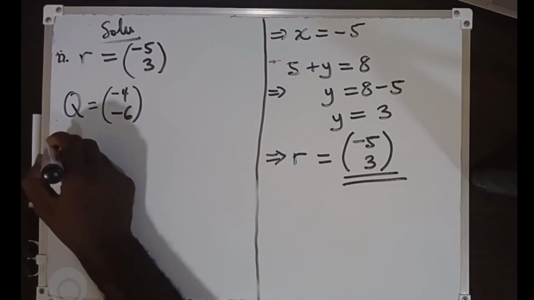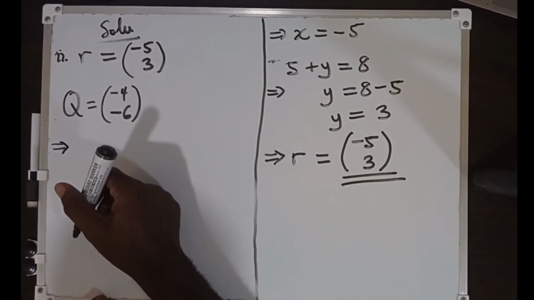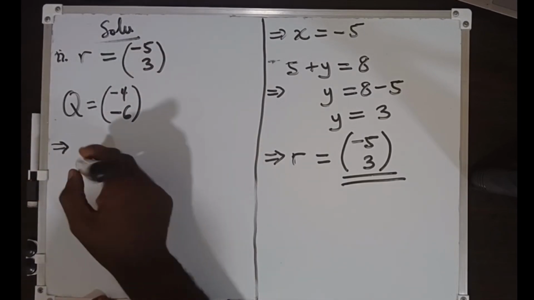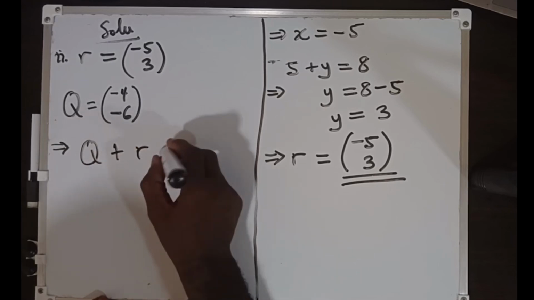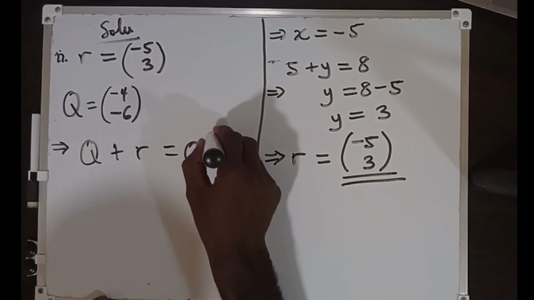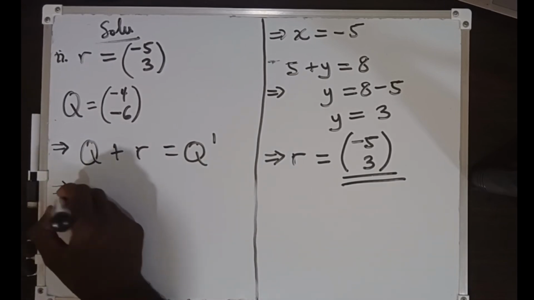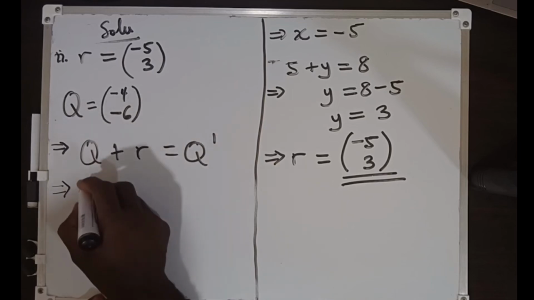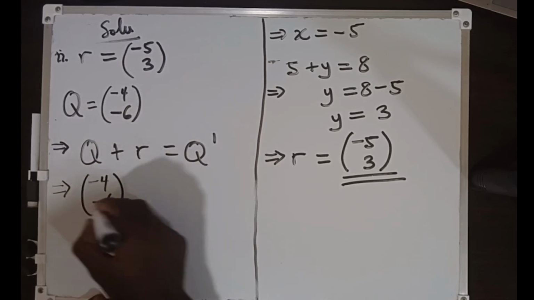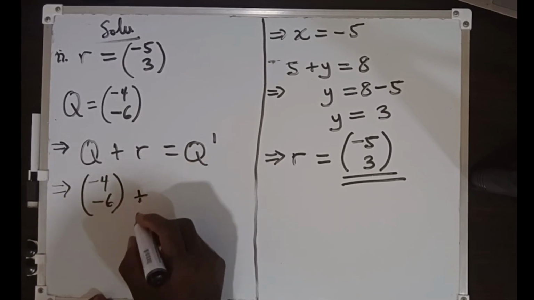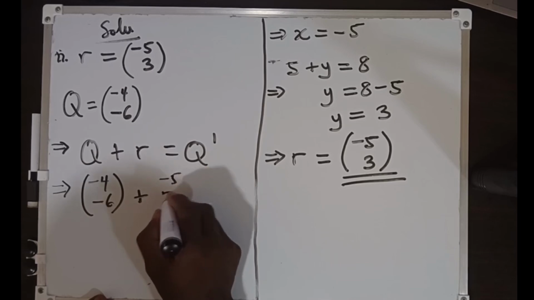So like we did in the previous part, it means that Q plus the vector r is going to give us Q prime. And we don't know Q prime. So that is what we are trying to find. The Q is -4 on -6, and our vector r is -5 on 3.